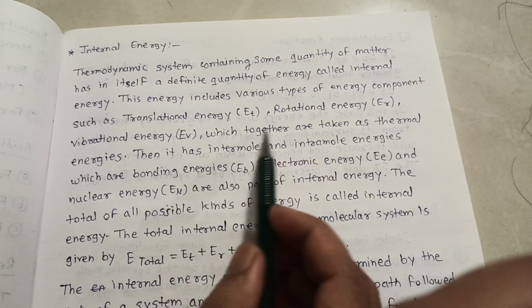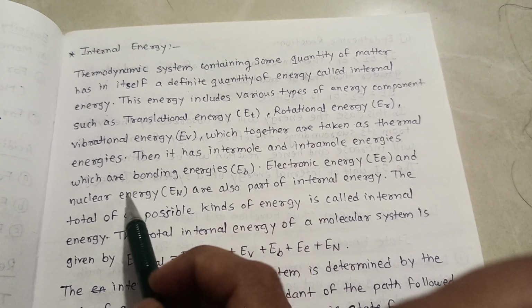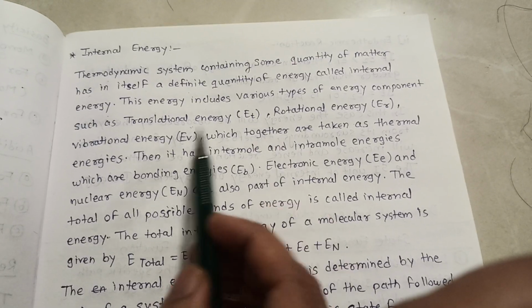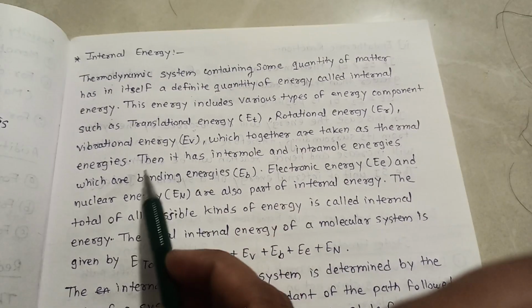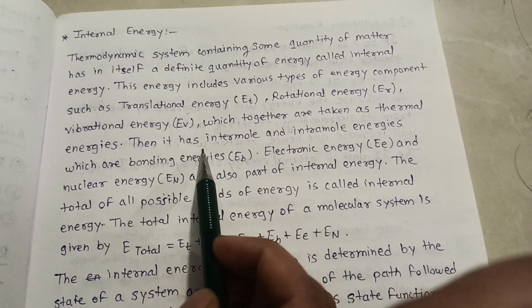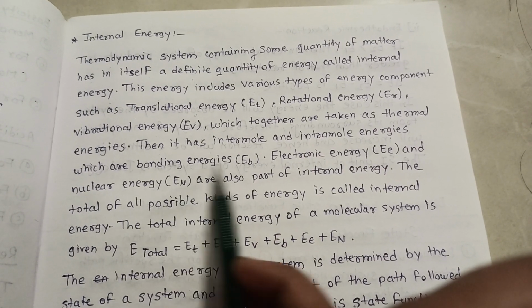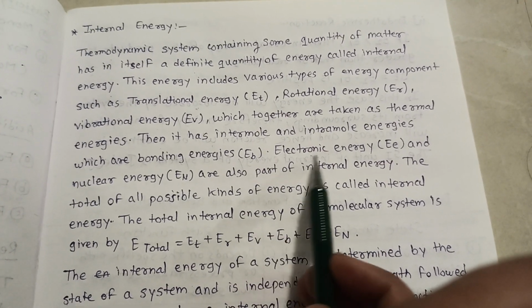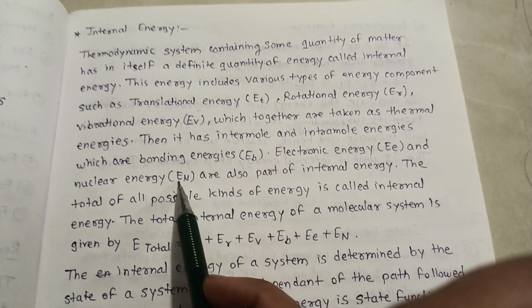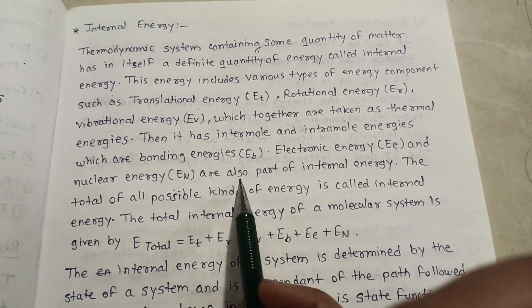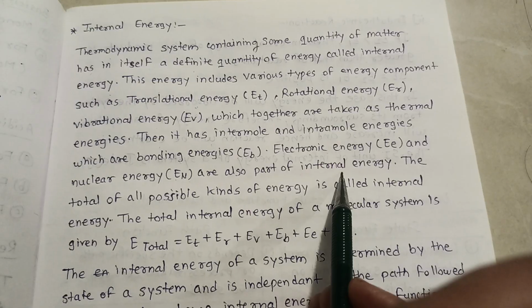These three are collectively known as thermal energy. Then it has intermolecular and intramolecular energies, which are bonding energies, that is EB. Electronic energy EE and nuclear energy EN are also part of internal energy.